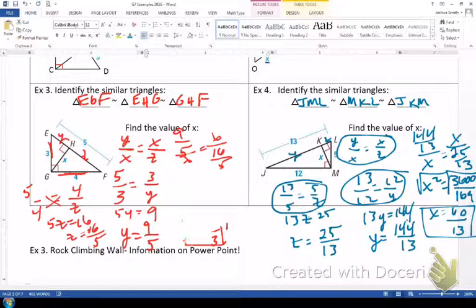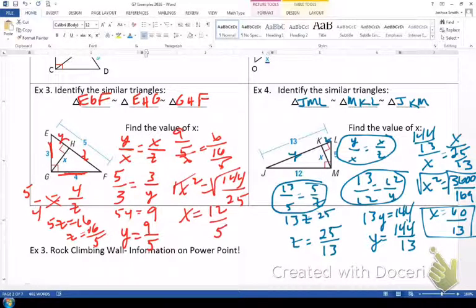So sorry about that. So x squared is going to be equal to 9 times 16, which is 144, over 5 times 5, which is 25. Square root both sides, and x is equal to 12 over 5.